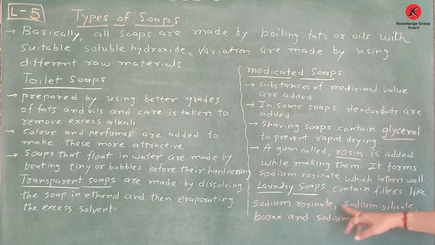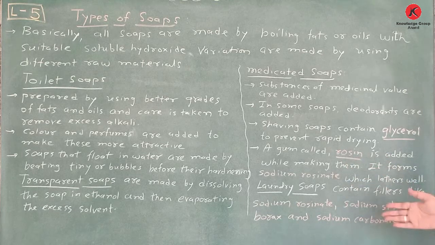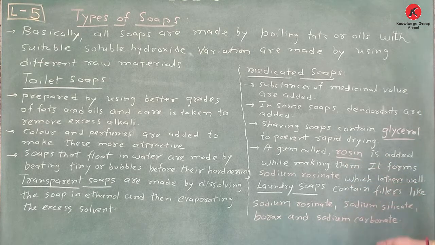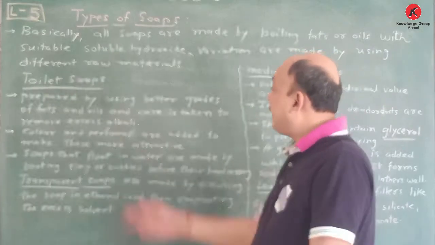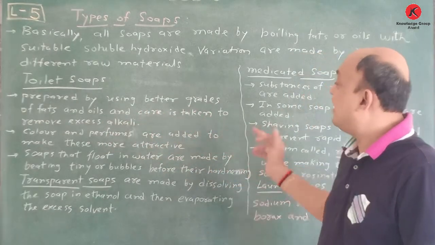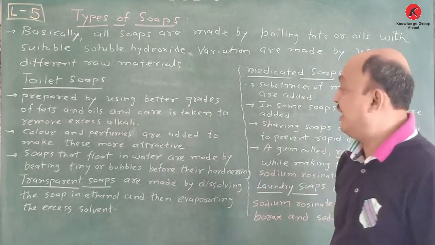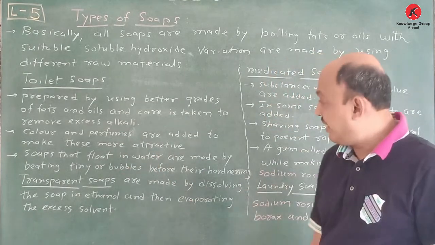You have to remember up to this. So types of soaps is complete, but we continue this lecture with other information regarding soaps. Once again, toilet soaps are prepared by using better grades of fats and oils, and care is taken to remove excess alkali. Color and perfumes are added to make them more attractive.